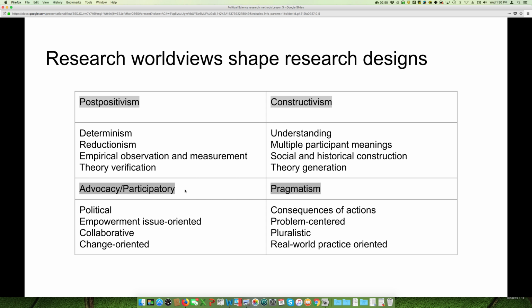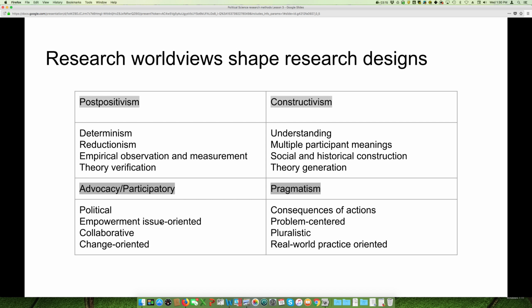Also, the second corner down here is advocacy and participatory. This type of worldview is when you want to potentially change public policy or public understanding of an issue by engaging in research that has a political interest at stake.